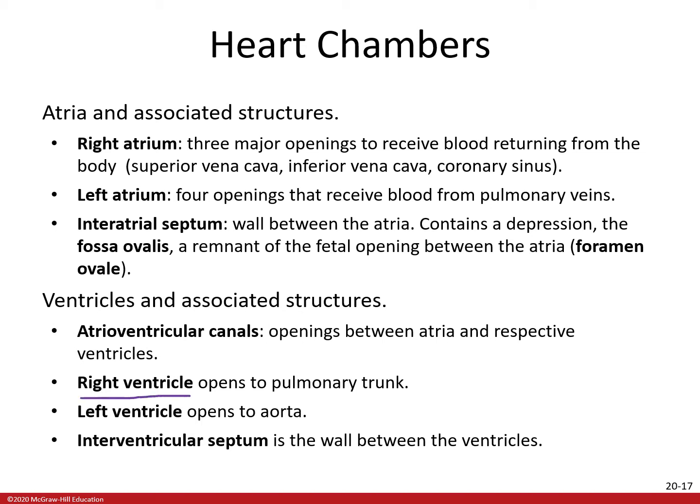So I've got the right ventricle here, which is going to open up into the pulmonary trunk. Keep in mind that that is an artery that is taking our blood to our lungs for gas exchange to occur.